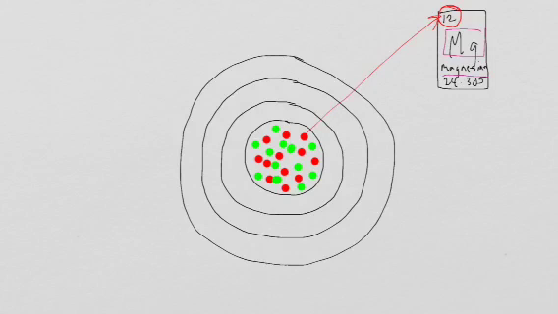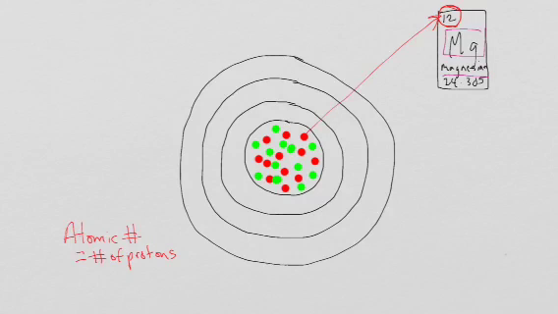That number is called the atomic number, and your atomic number is always going to be equal to the number of protons in your atom.